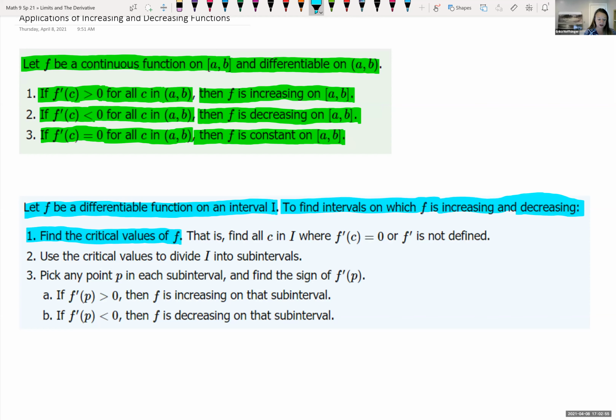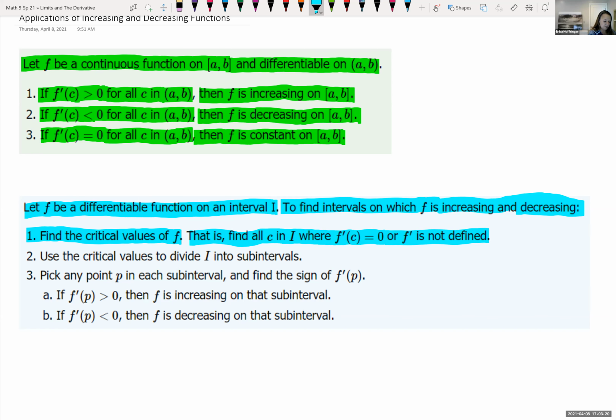That is, we find all values c in the interval I where the derivative was equal to 0 or the derivative was undefined. So we take the derivative, set it equal to 0, find all those values which made it equal to 0, and look at all the values where that derivative is undefined. Those were our critical numbers.